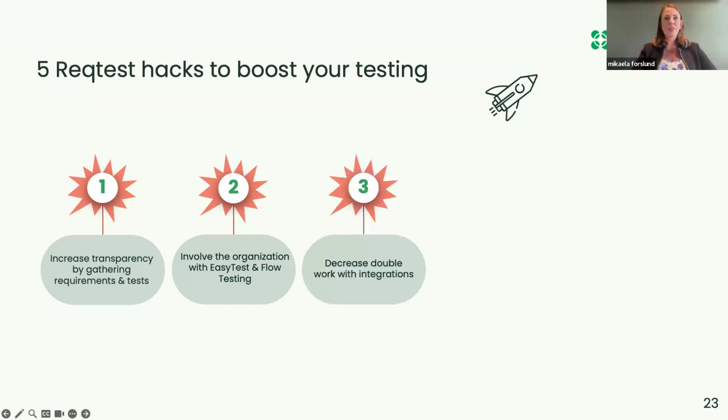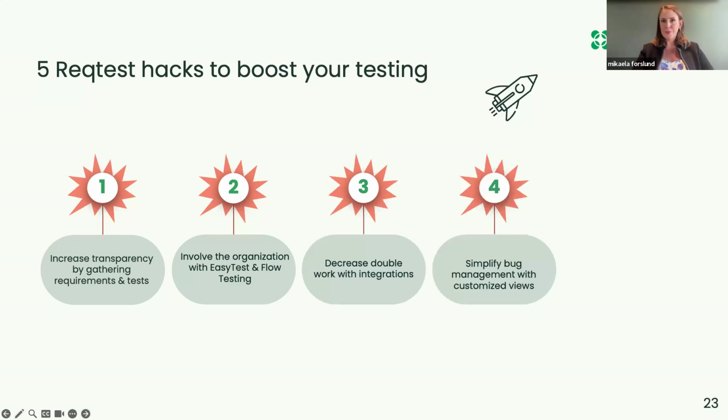Thirdly, we looked at how we can decrease double work with integrating Reqtest to developer systems such as Jira and DevOps when we work with our bug management, and in this way reduce the amount of double work and also making sure nothing falls between the cracks.